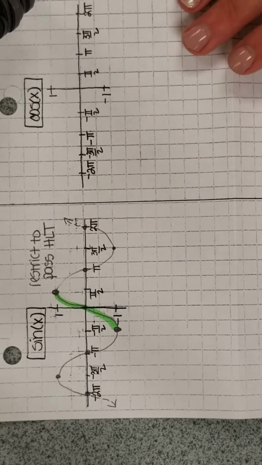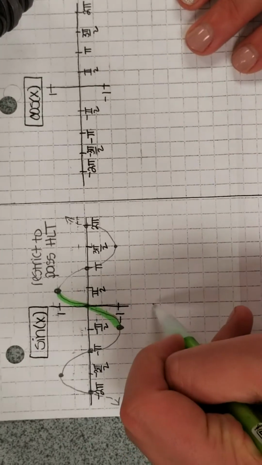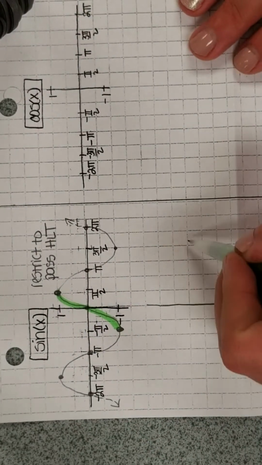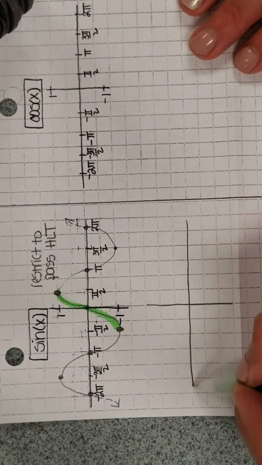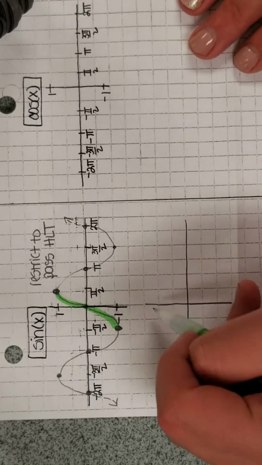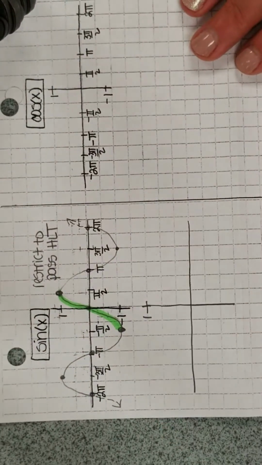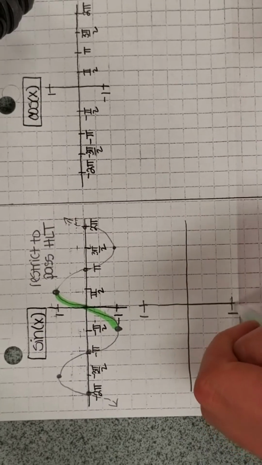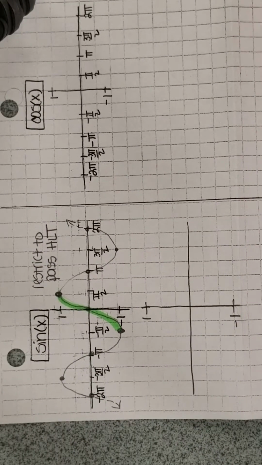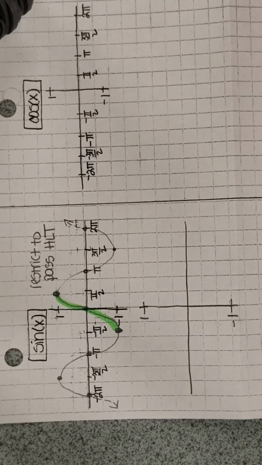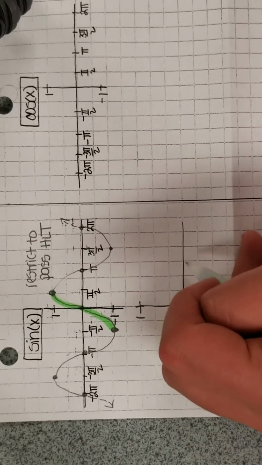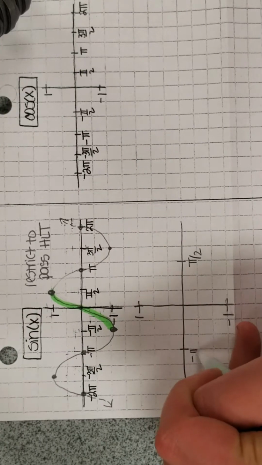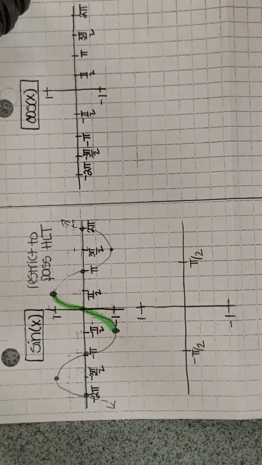So let's draw or sketch that restricted piece. If you'd like to count the same number of boxes, I'm counting 3 boxes up to put 1, 3 boxes down to put -1, and then maybe 3 boxes left and right for -pi/2 and pi/2.